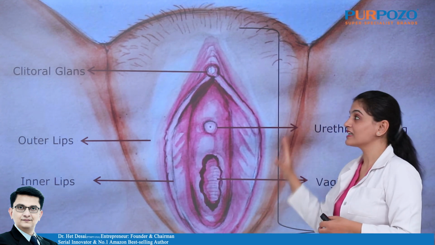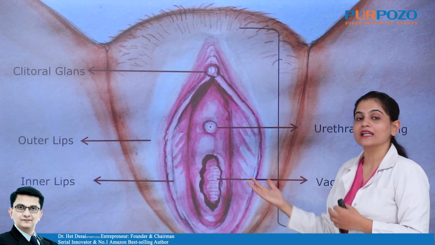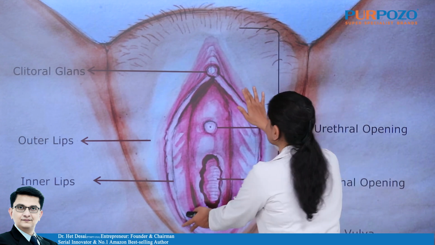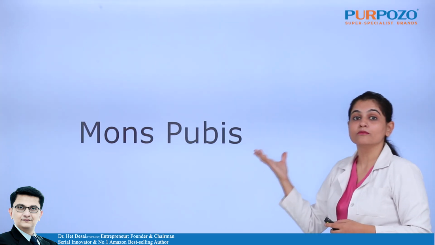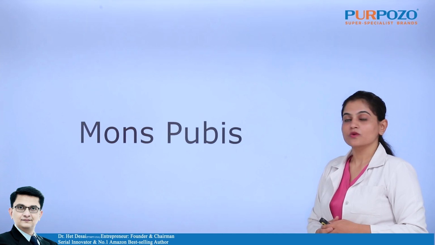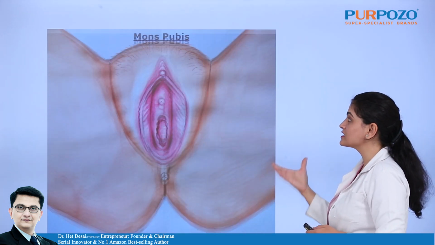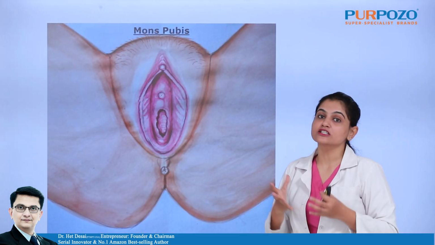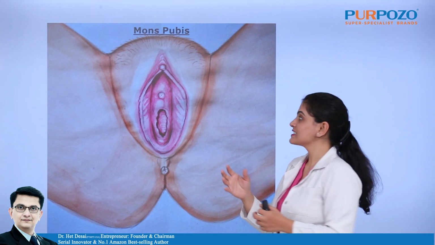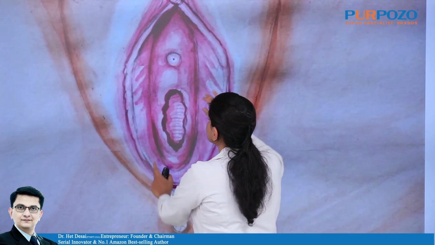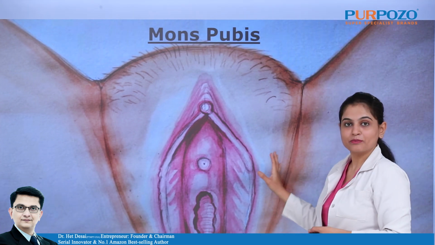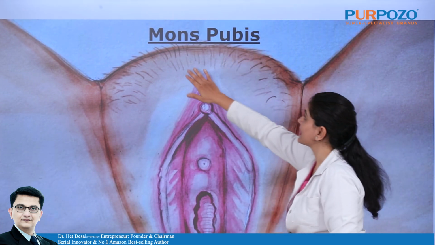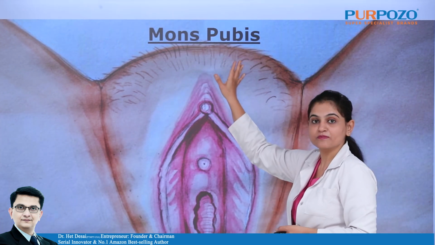Let us understand all these structures one after the other. The first is the Mons Pubis. What does the word Mons Pubis mean and where is it located? That is the area which you can see in your private part.